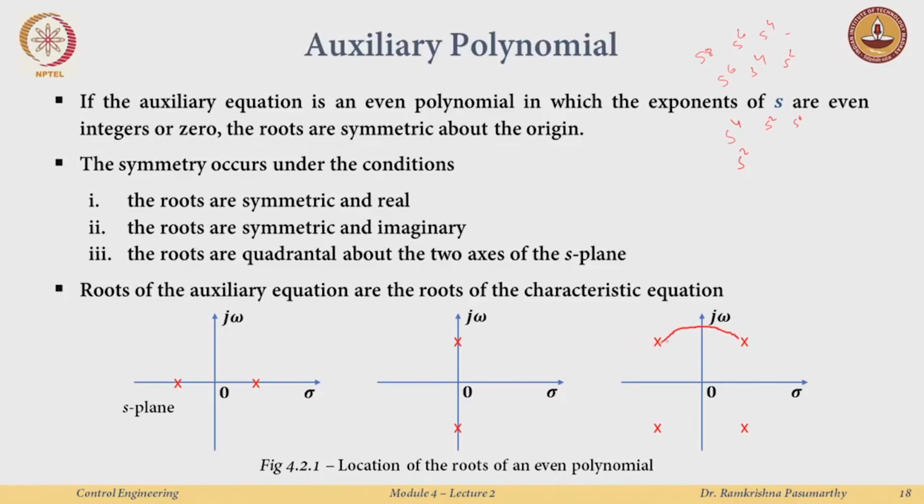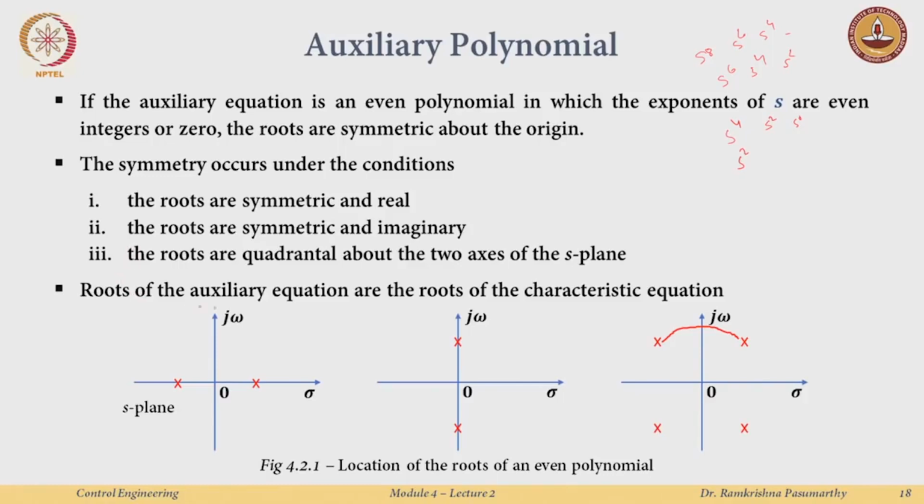So, if this is a -1, this will become a +1, and if this is +1 plus j omega, this will be +1 minus j omega, and here this is symmetry about the imaginary axis. So, if this is a +1, the real part will become -1 and so on.